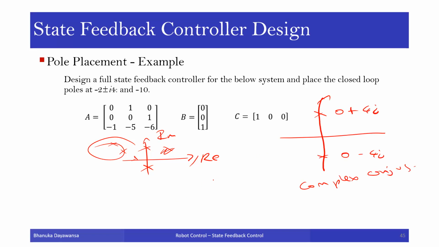Now they want us to place the poles in this manner: minus 2 plus 4i, that is somewhere around here, minus 2 minus 4i, and minus 10.